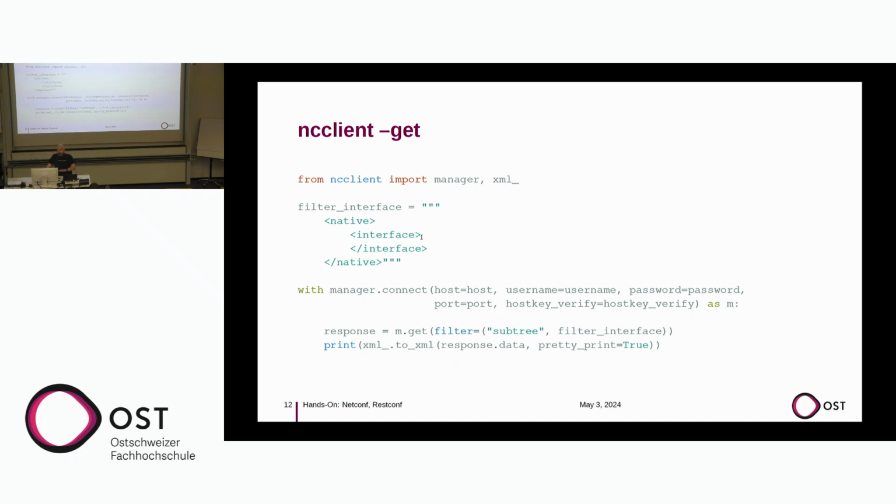Or if you want to use another model, you can say, give me everything from OpenConfig network instances, and then you will get everything only from this model. So in the get, normally we would get a lot of information. We can use this filter with a tuple, subtree or XPath, and then the filter itself, to minimize the data.